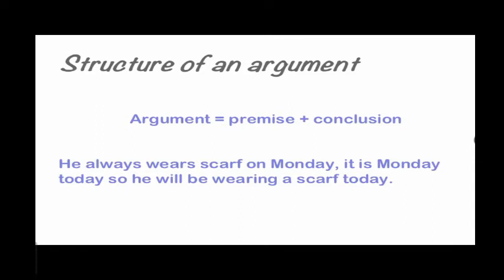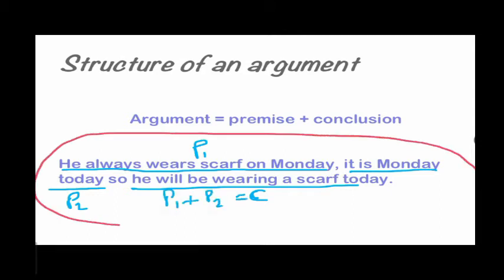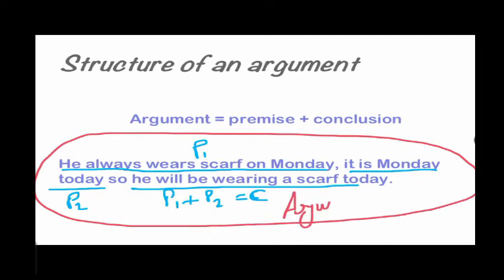The first part was P1, the second part was P2, and the last part was the conclusion, right? So what is happening here is P1 plus P2 is giving me C, and this entire thing is my argument, right? As simple as that.